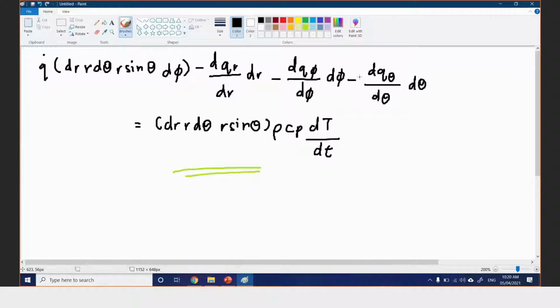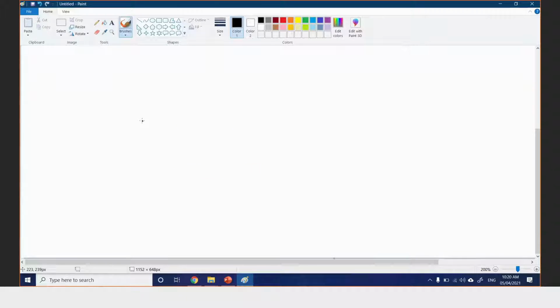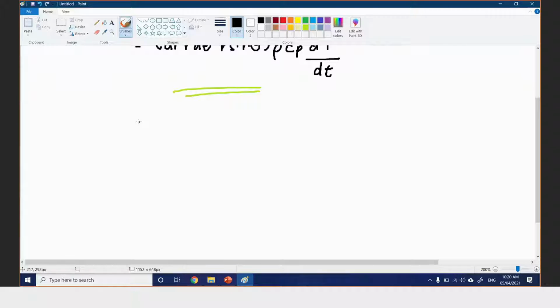Now we can take Fourier's law for all three directions. If you remember Fourier's law, we have Q equals minus kA dT over dx, or dr, or whatever terms you're using to express the distance. In this case, we are using r, theta, and phi.